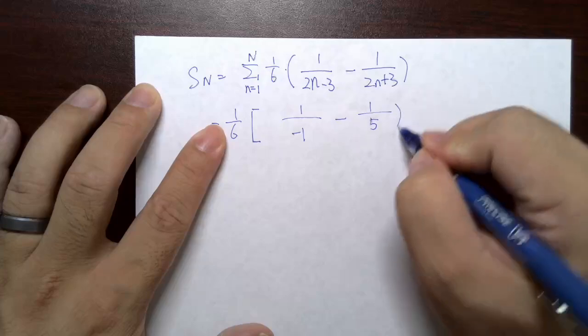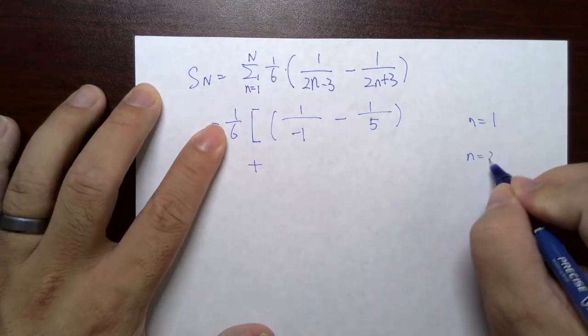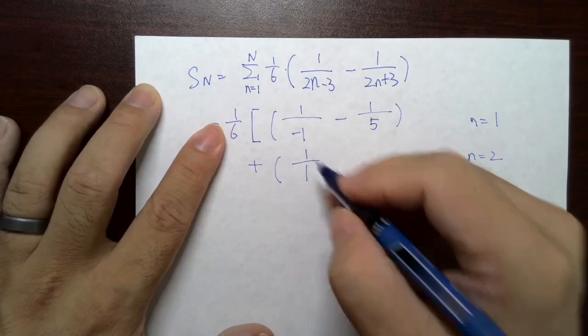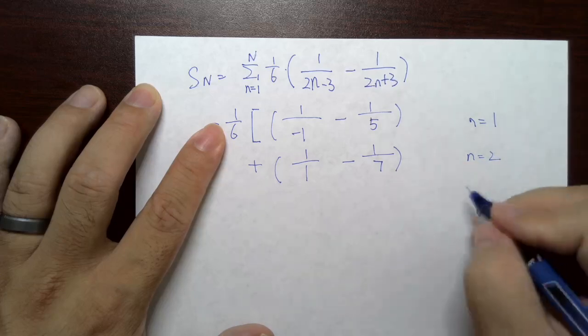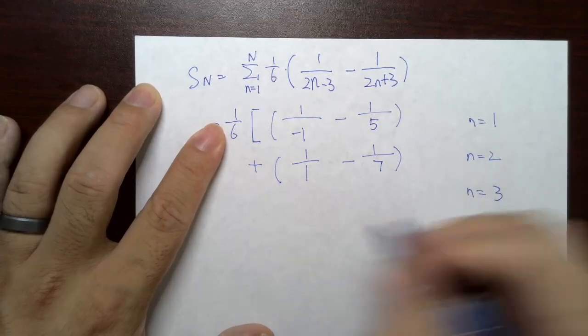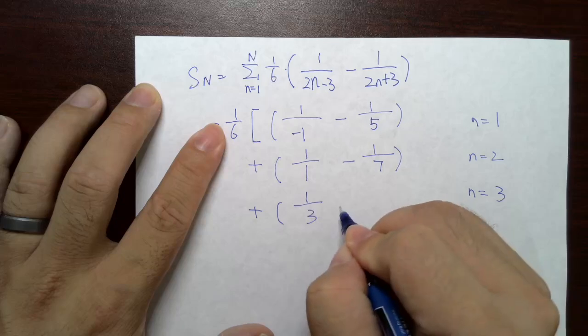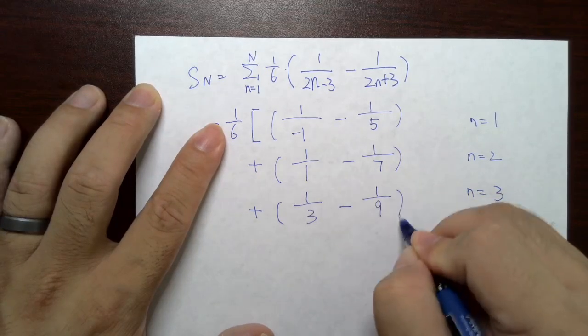That's the first. Then plus, when n equals 2, I have 1/1 minus 1/7, right? And when n equals 3, I have 1/3 minus 1/9, okay?